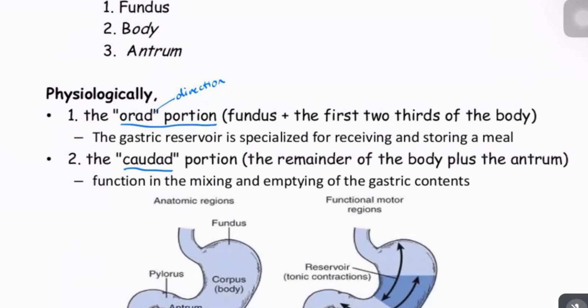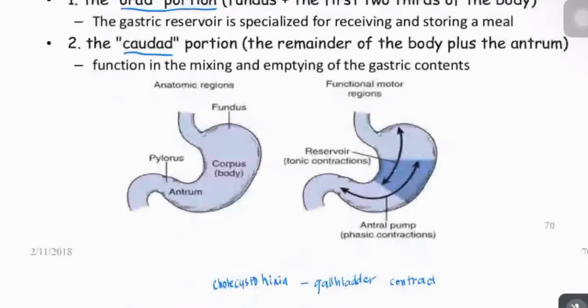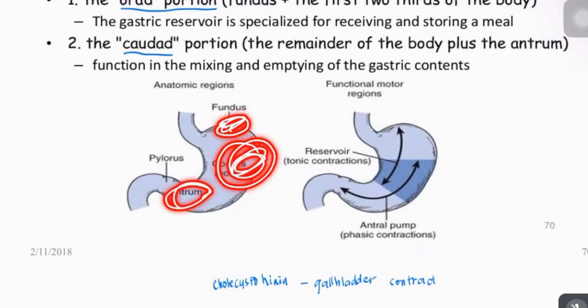The gastric reservoir is specialized for receiving and storing the meal. The caudal portion, the remainder of the body plus the antrum, functions in mixing and emptying of the gastric contents. So this is your fundus, your body, and the antrum.